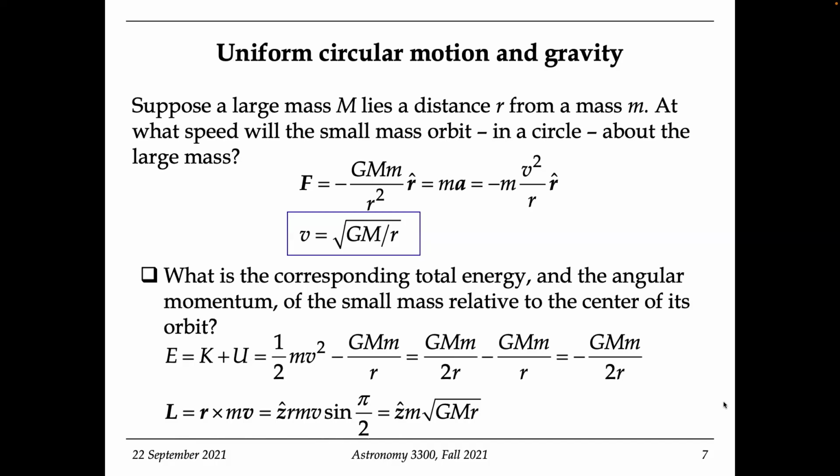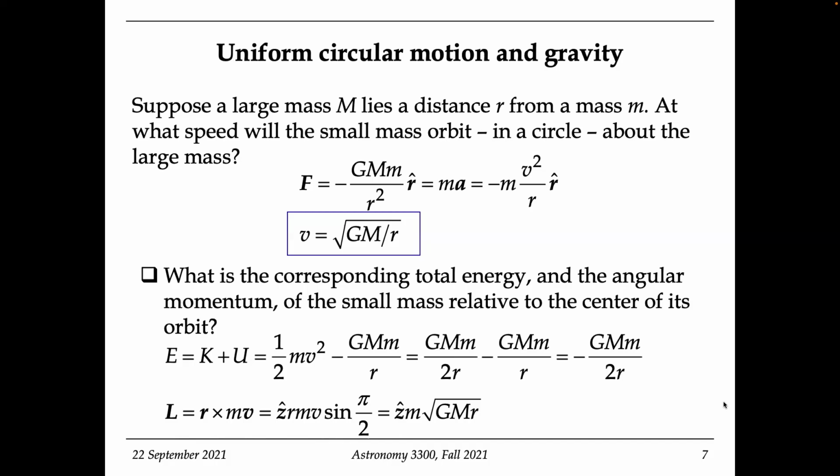If I look at this, let's say E is equal to K plus U. And I look, not from this line here, but from this line here, I can take out the G M m over R, right? G little m big M over R. And the first term is 1/2. And the second term is 1.